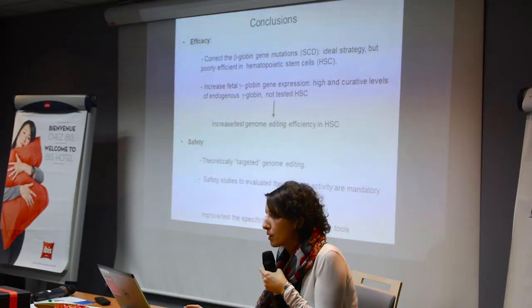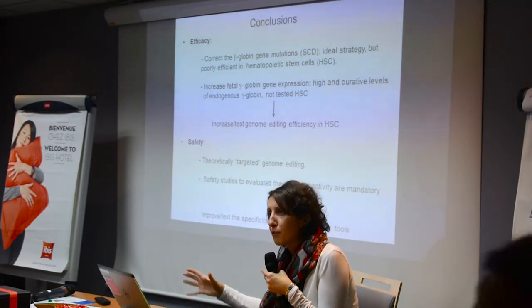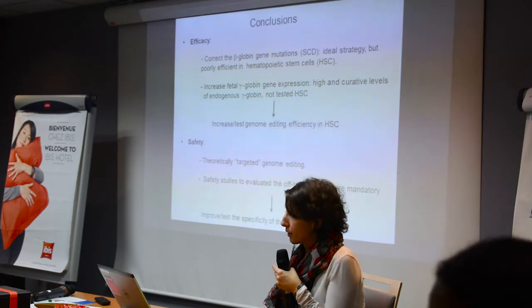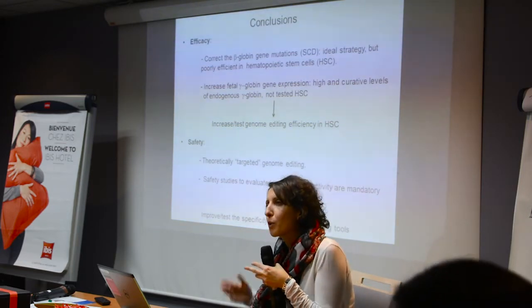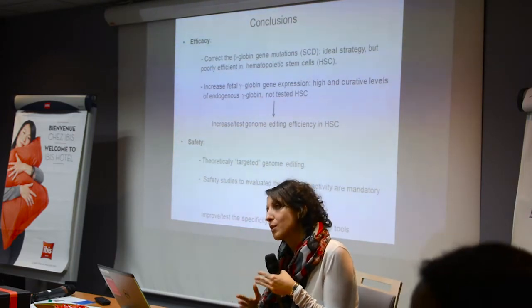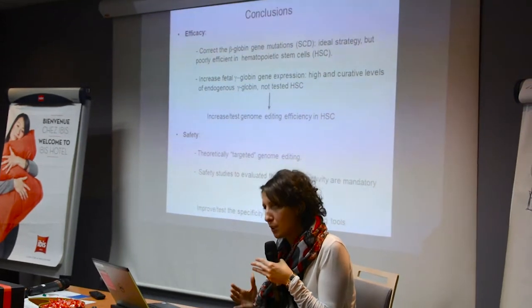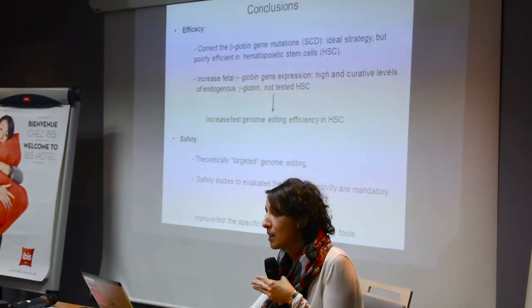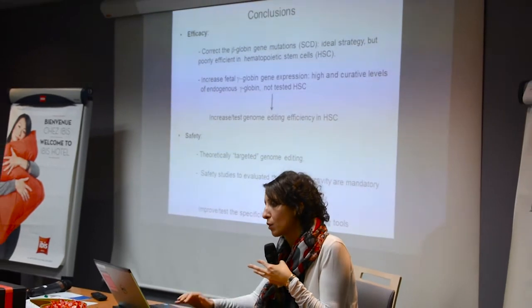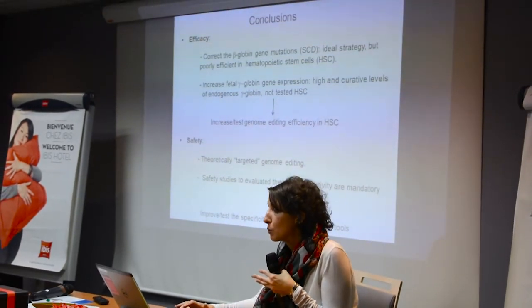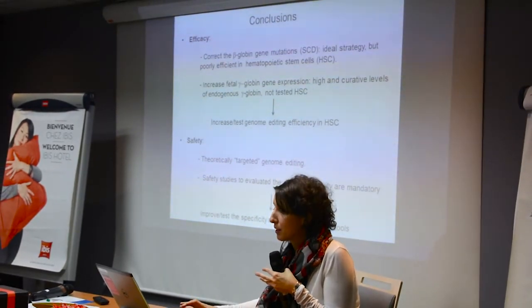And in conclusion, regarding the efficacy of this approach, as I told you before, correcting the beta globin gene mutation is still not very efficient in hematopoietic stem cells, while increasing the fetal gamma globin gene has been shown to be a potential therapeutic approach.